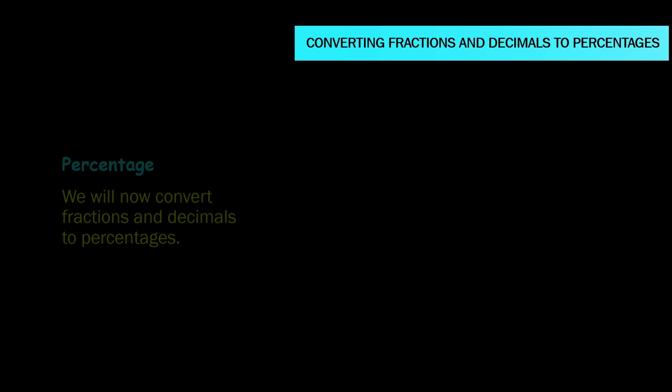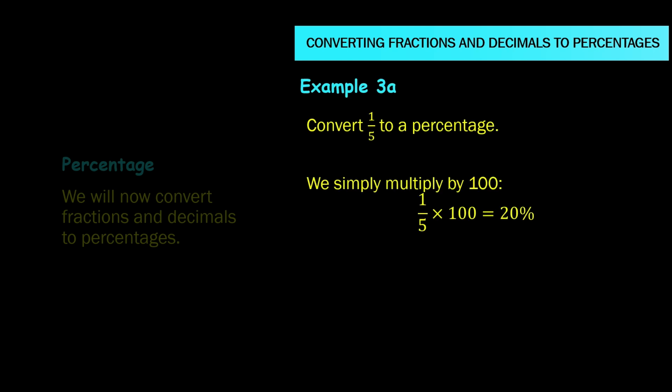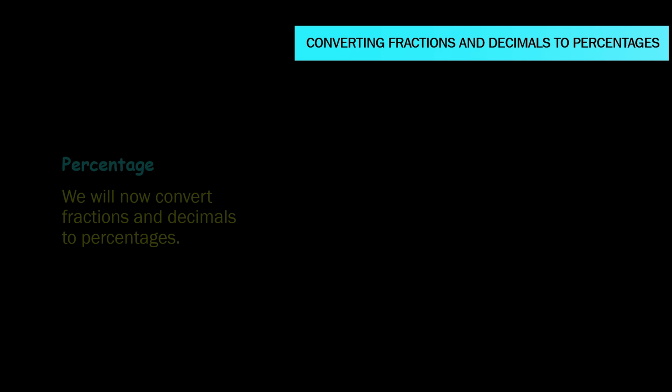Now we examine how to convert fractions and decimals to percentages. Let's take a look at an example. To convert 1/5 to a percentage, simply multiply the fraction by 100 to give 20%. And now for another example.